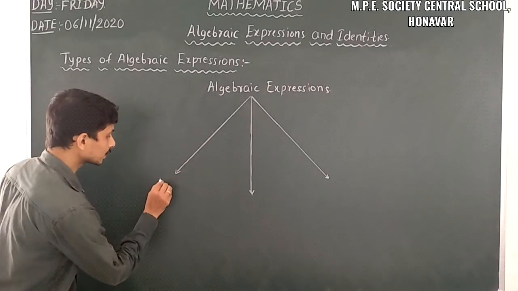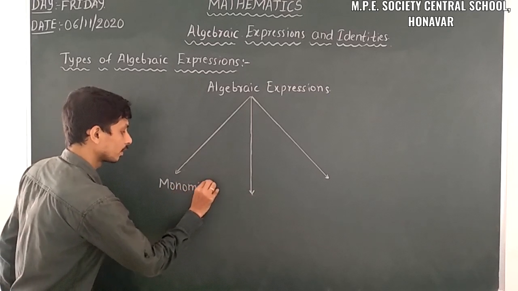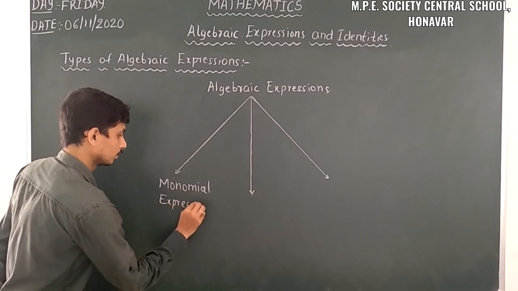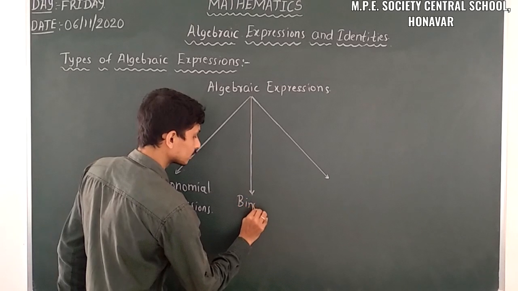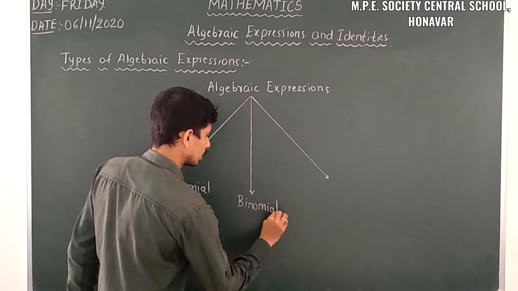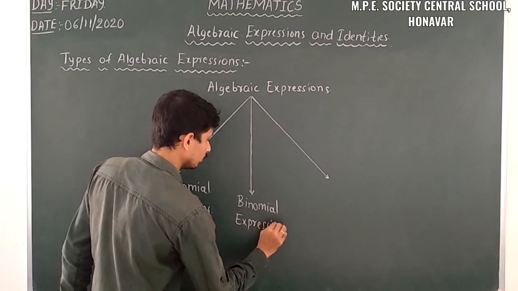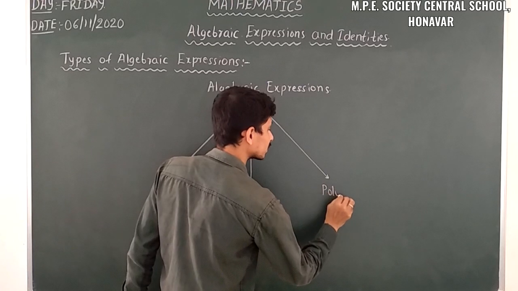One is the monomial expression. Secondly, binomial expressions. And the third one is the polynomial expressions.